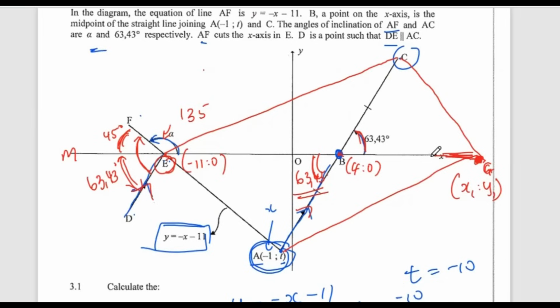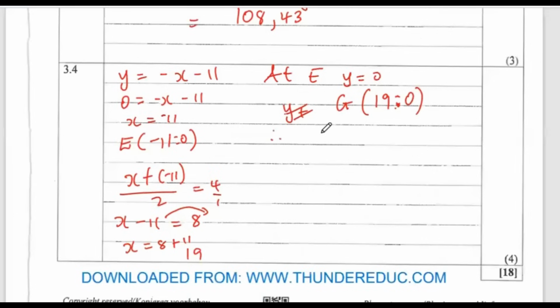Then, since I want the equation of a circle, this distance BG is going to represent my radius. So I need to get the distance of BG, but since it's the same horizontal line, I'm just going to subtract: 19 minus 4, which makes it 15.